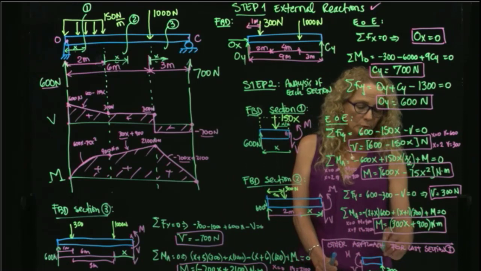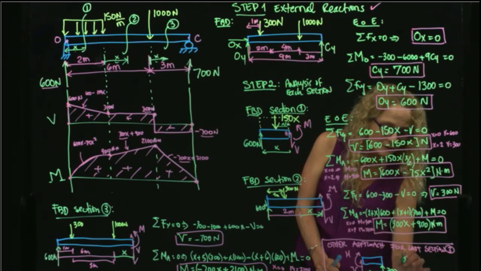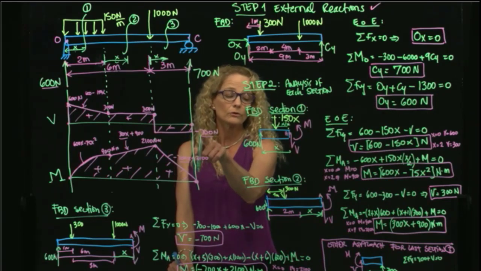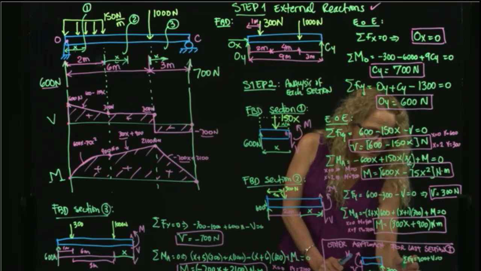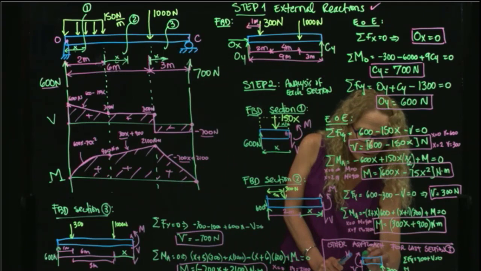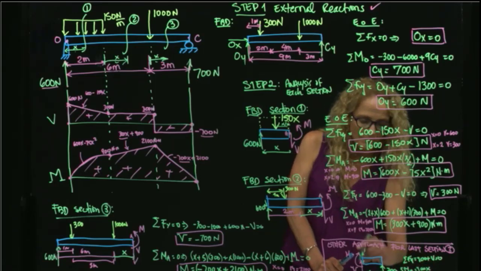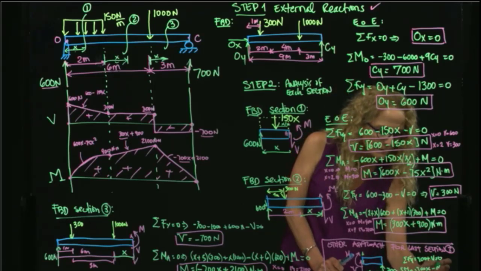If I apply my equations of equilibrium to this little piece, adding forces in y, I have 700 plus V equals 0. So it gives me the same negative 700, you see? And then apply moment at this point A. I have 700 x minus M, right, equals 0.